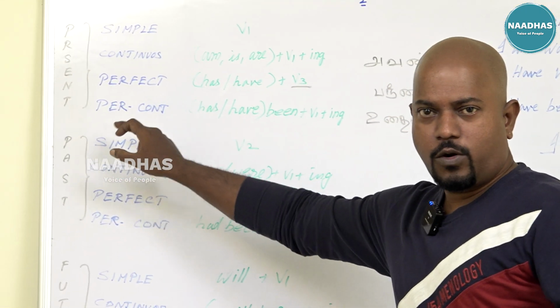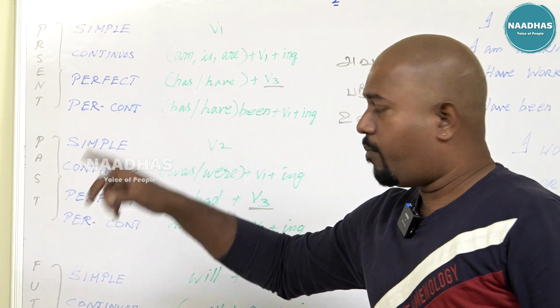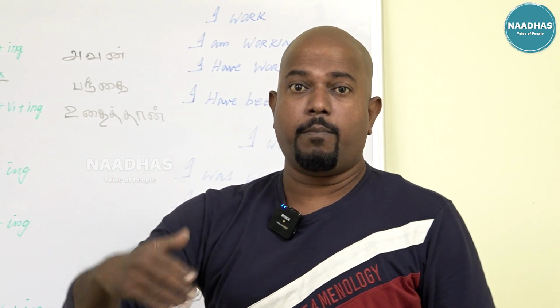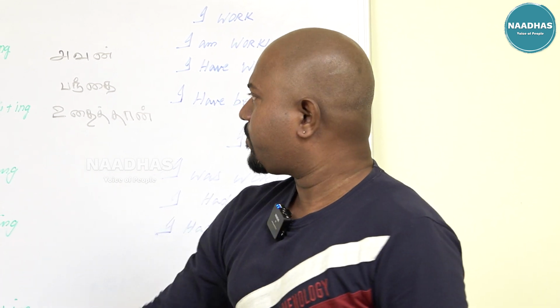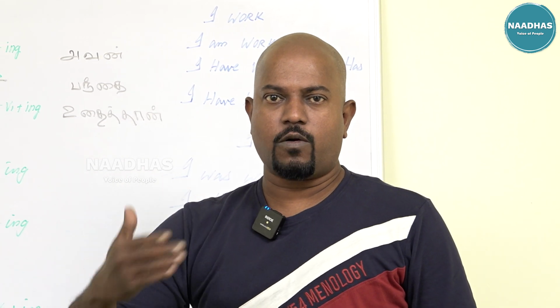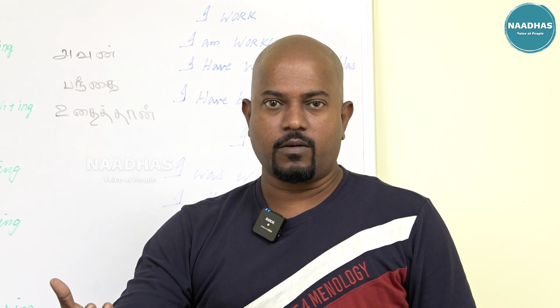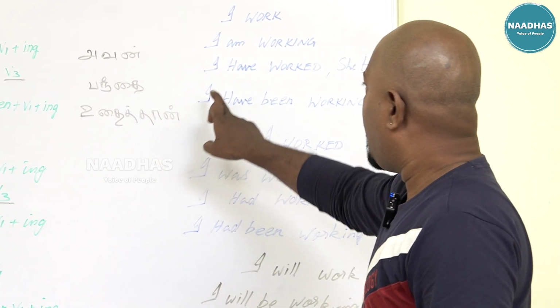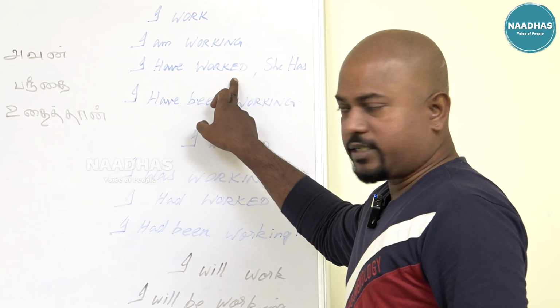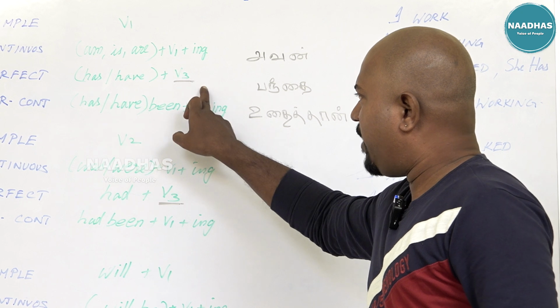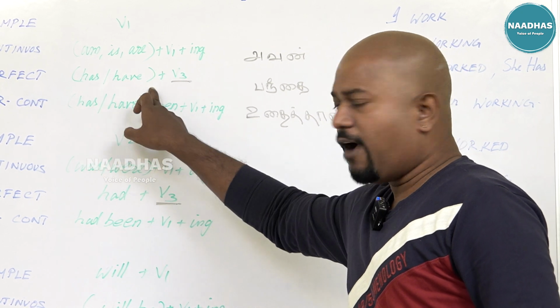Perfect. I told you in the previous video that for perfect tense, you have to use the V3 form or the participle form, all right? So, what is the past participle form for work? I worked, all right? Worked. So, I have worked. Has or have plus V3. So, I have worked.